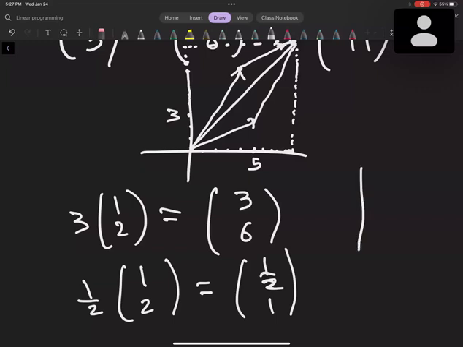So if I have a vector and I multiply times 3, instead of 1, I have to do 3, and instead of 2, it's going to be 6. But the idea is that I just have to copy this guy 3 times.